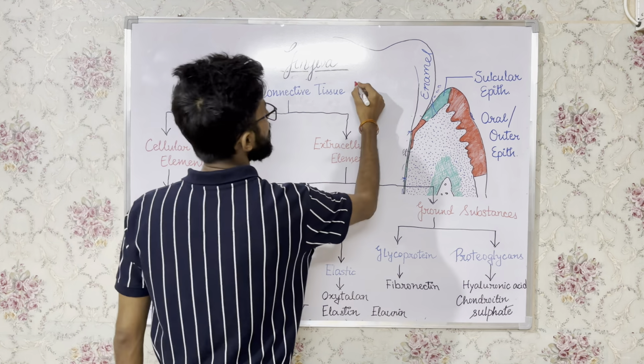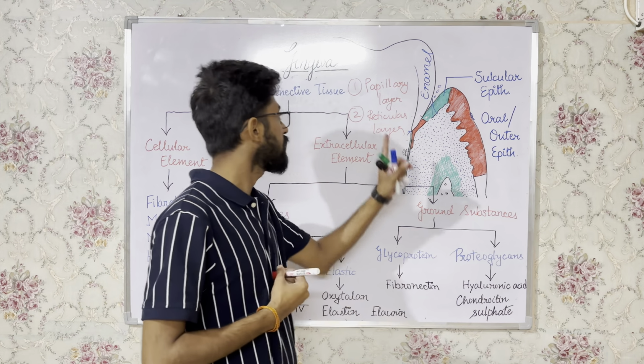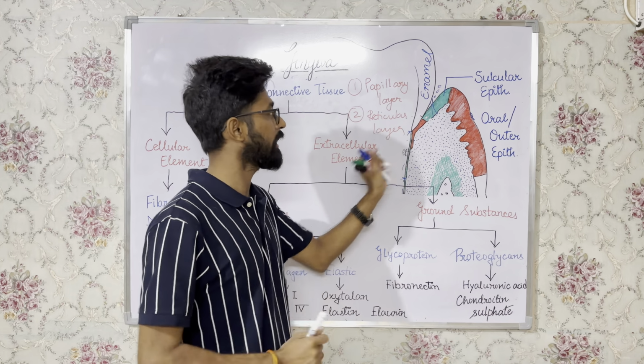So the introduction of connective tissue part will start with, first point, the connective tissue of gingiva is known as lamina propria. The second point will be it is divided into 2 layers. One is the papillary layer, second is the reticular layer.